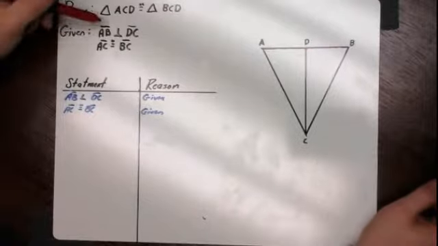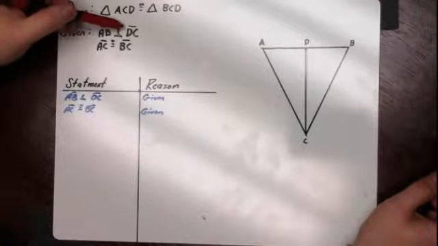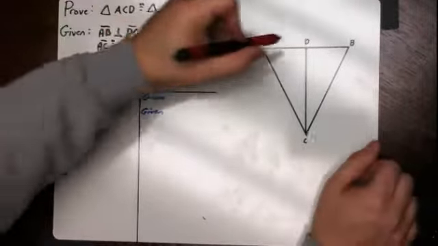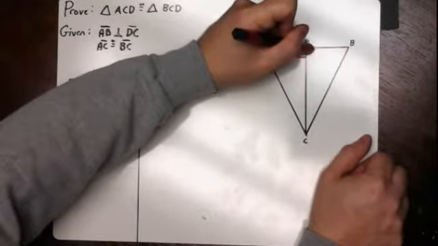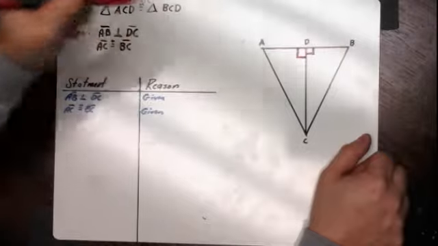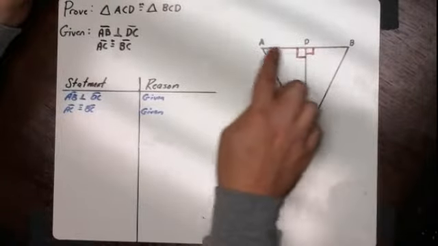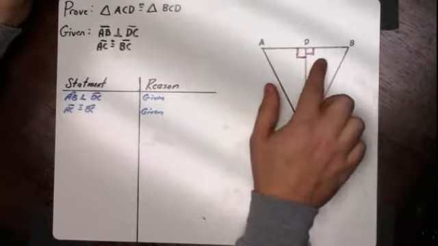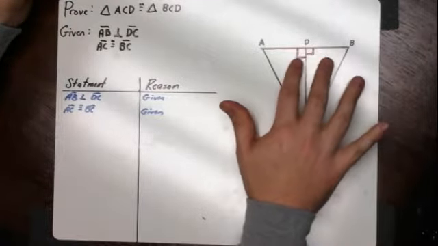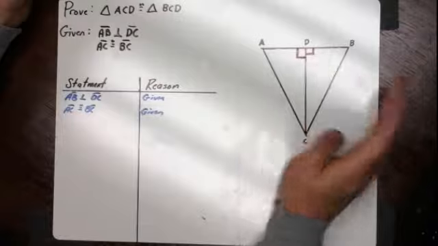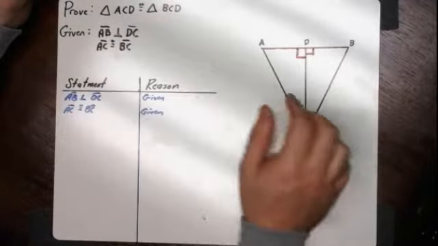So when I see that AB is perpendicular to DC, that means I'm going to have a right angle here and naturally here. Okay? I say naturally because this makes a straight line, right? And there's no indication which side the right angle would be on based on this statement.